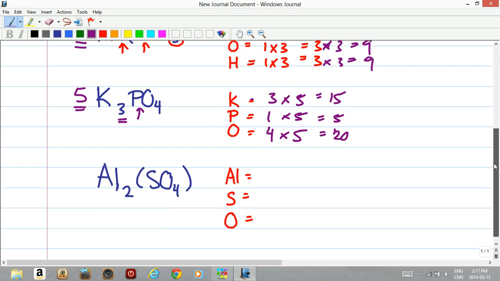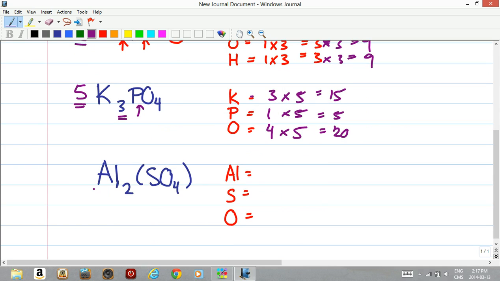Okay, we'll look at one more example, and here we have aluminum sulfate. We see a subscript of 2 for aluminum, so 2 there. The formula is wrong here. This should be a 3 over here, because aluminum is +3 and sulfate is -2. The crossover rule says we need 3 sulfate.